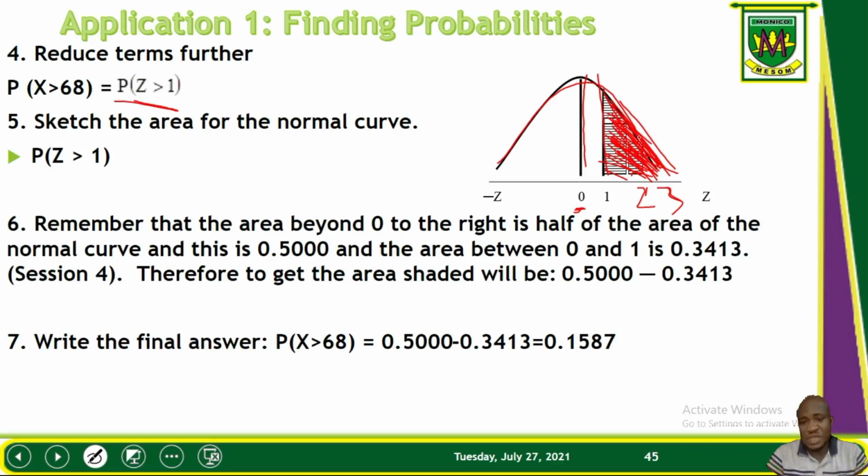And the area between the 0 and the 1 is 0.3413. Therefore, to get the area shaded, you deduct the 0.3413 from the 0.5000.